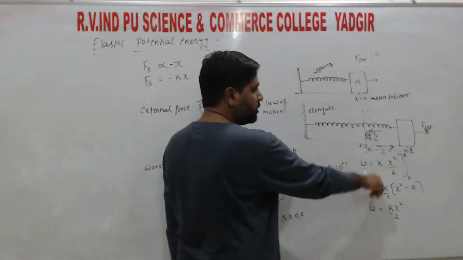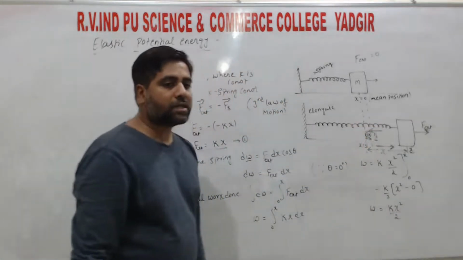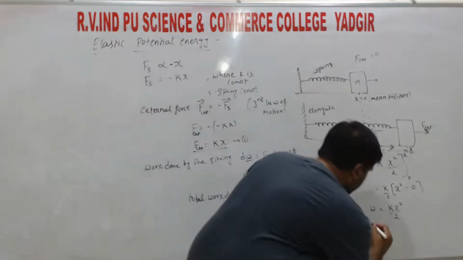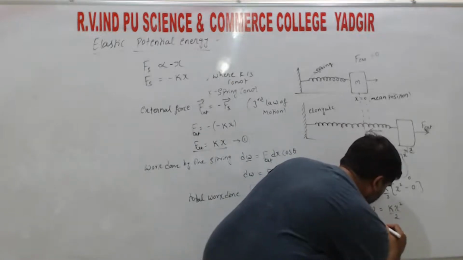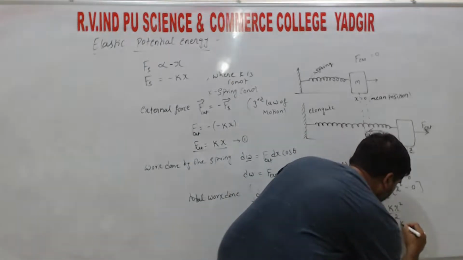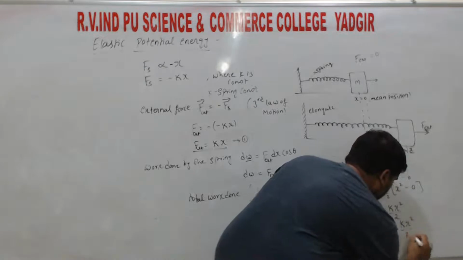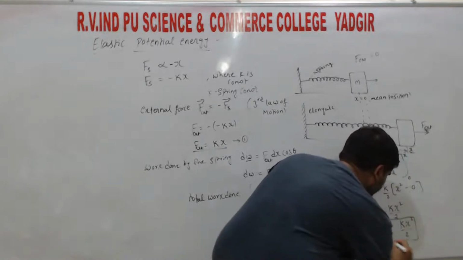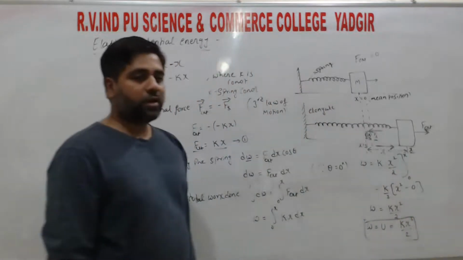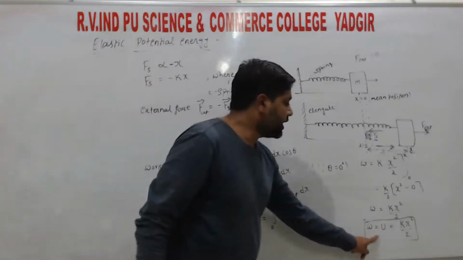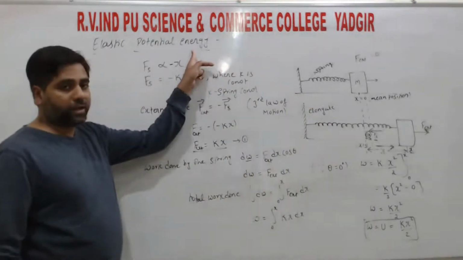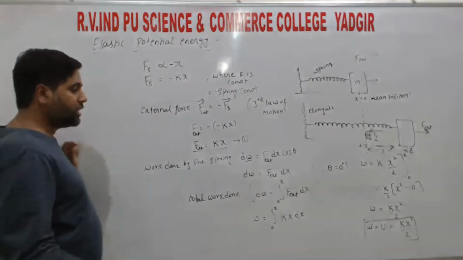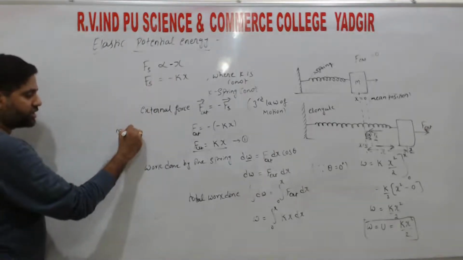So this work done by the spring is stored as potential energy, right? So work done is equal to potential energy, that is equal to kx square by 2. So this is the relation for the potential energy in a spring, right? So potential energy, you can't always take as mgh, right?